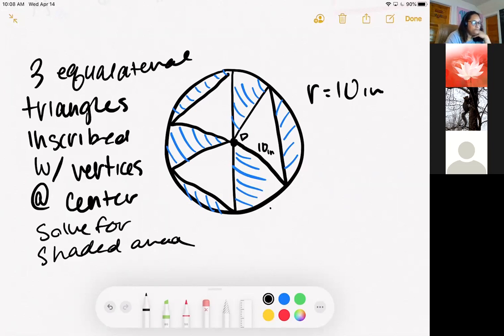Well, so, excuse me, is there a way to find the angles in the middle? I don't know. You tell me. Okay. Read the prompt again. It might help you.